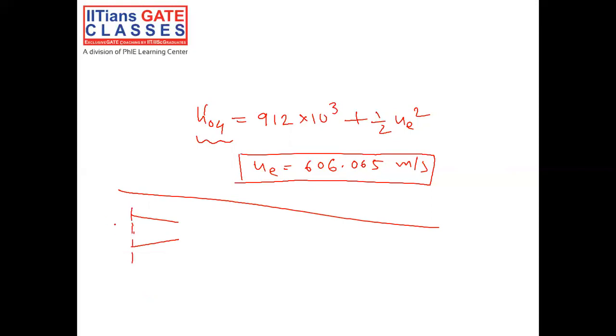If this is the nozzle entry and this is the exit, so this is TOI.